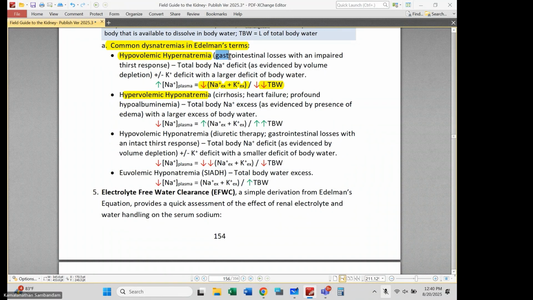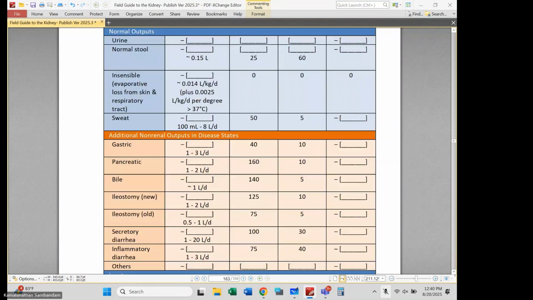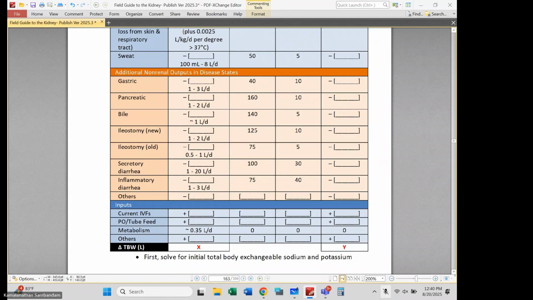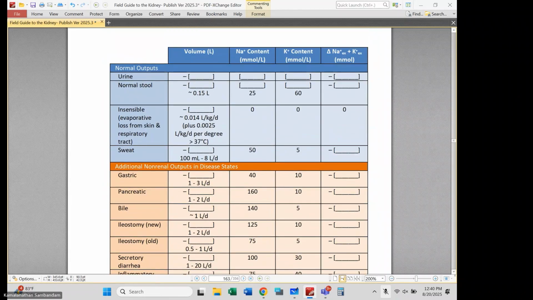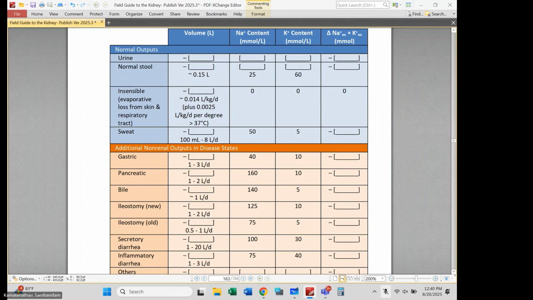We've gone over this point, okay, a number of times. Most fluids, physiologic fluids, are hypotonic. Okay, jumping ahead, here's the average electrolyte content of various body fluids.